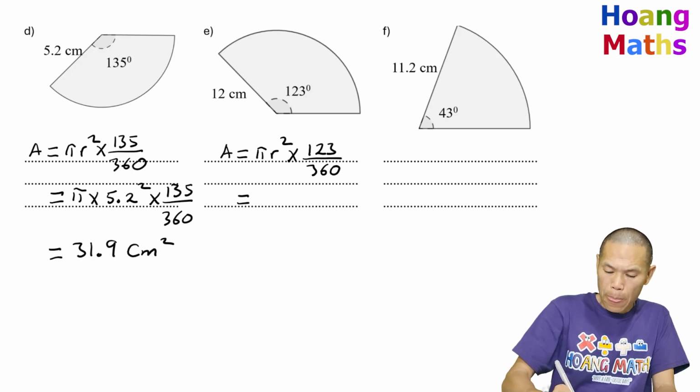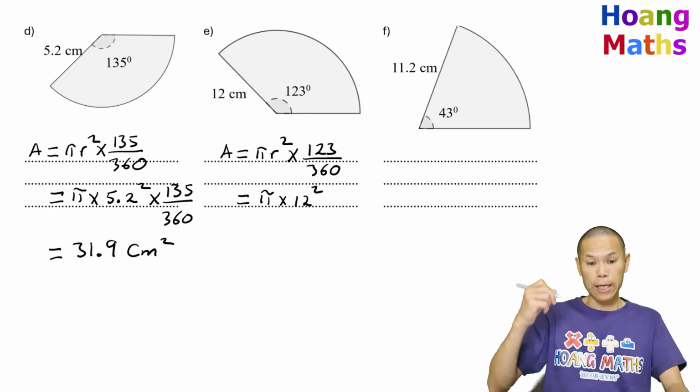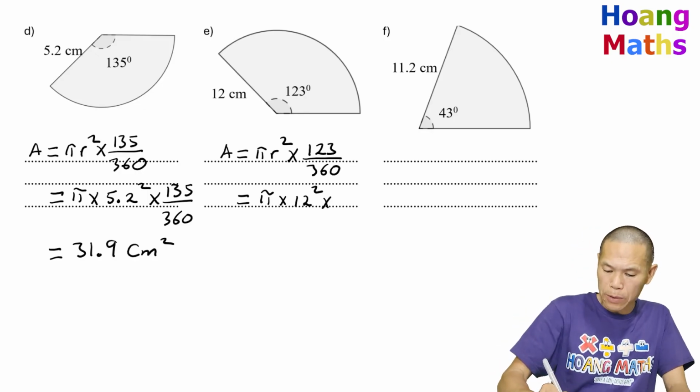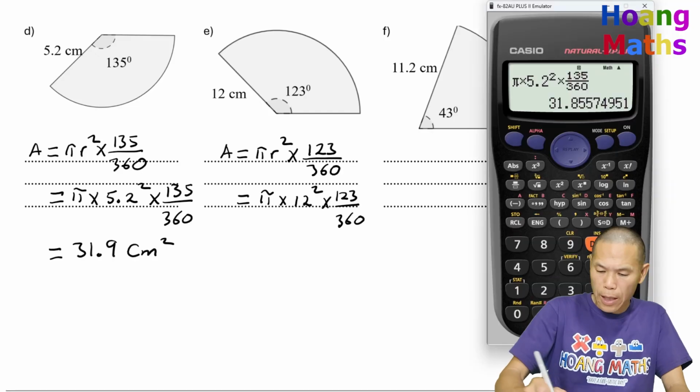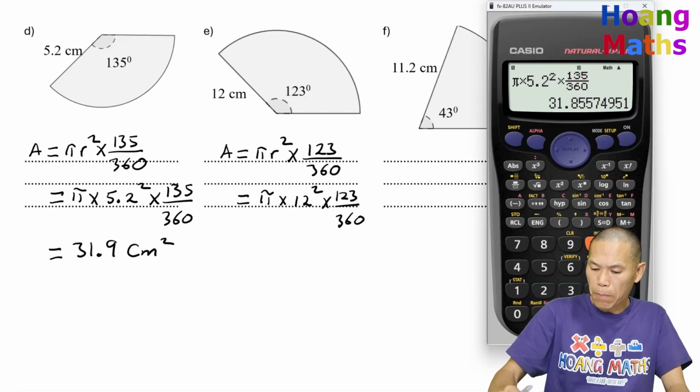So that is pi times 12 squared, because the radius is 12, and we times 123 out of 360. That is shift pi times 12 squared times 123 out of 360.